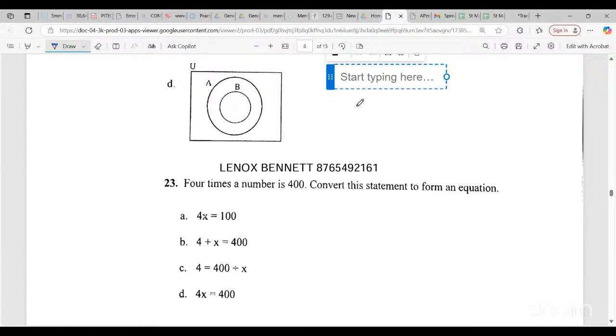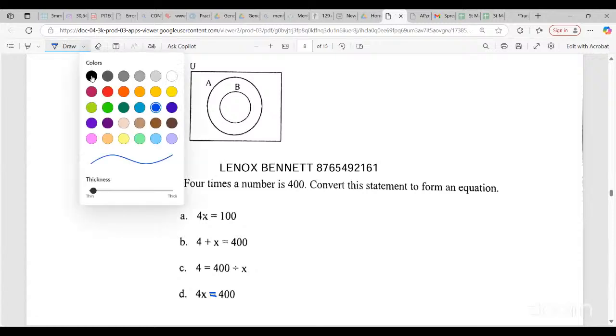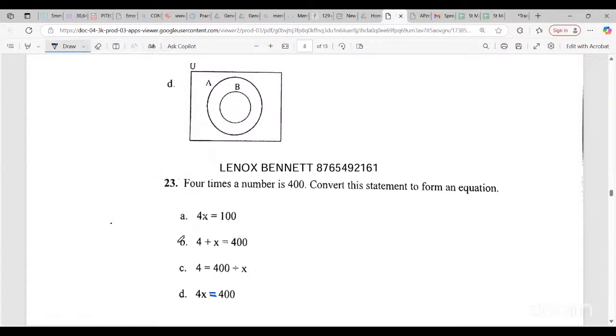So it cannot be C, sir. And for D, sir, it's 4x equal 400. This is actually equal. Oh, okay, that was the conversion. It's to convert the statement to form an equation. So what answer do you choose?